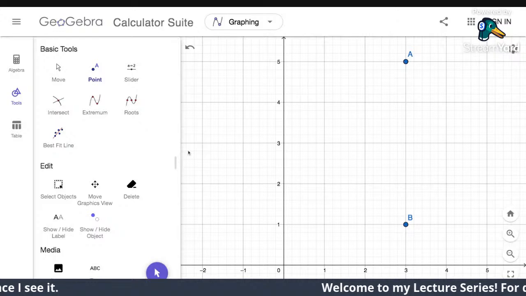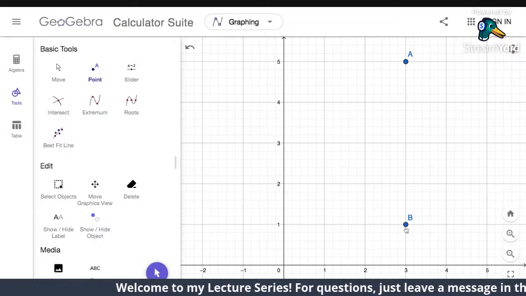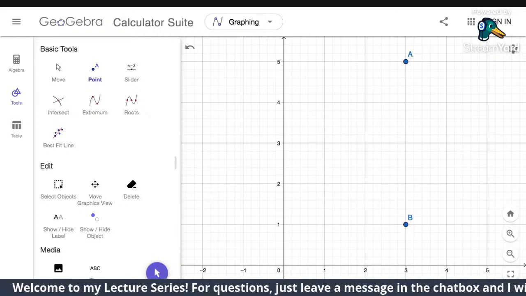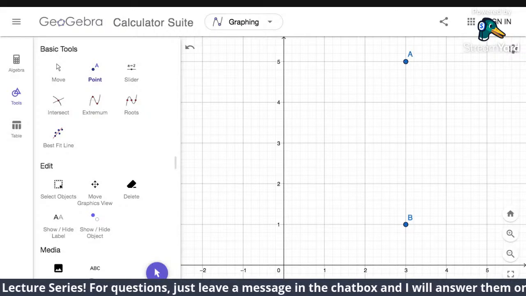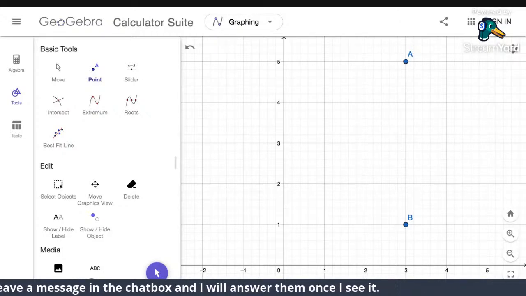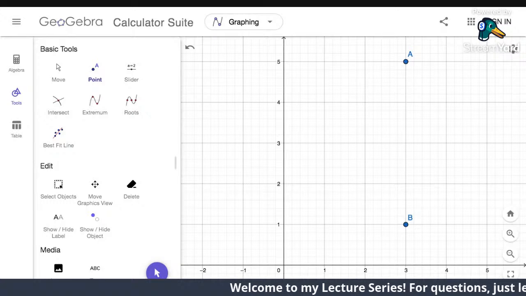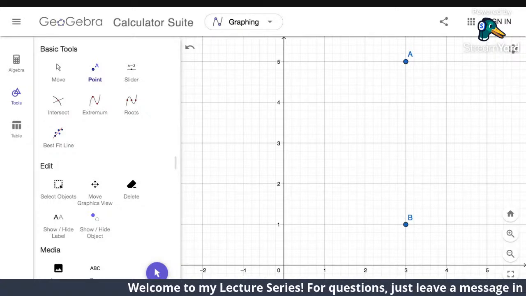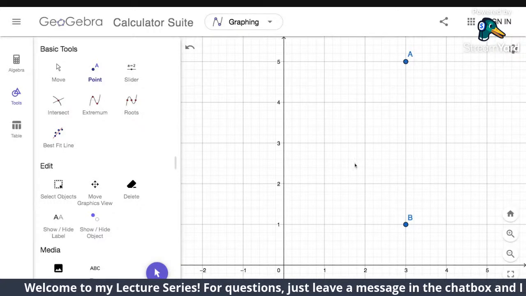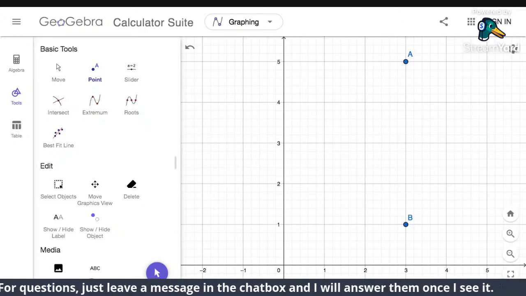You notice that if we connect A and B, it will form a line that is parallel to the y-axis, or a vertical line. We made mention that if it's a vertical line, or a line that is parallel to the y-axis, we're just going to get the absolute value of the difference of the y coordinates. In our given, the y coordinates are 5 and 1.